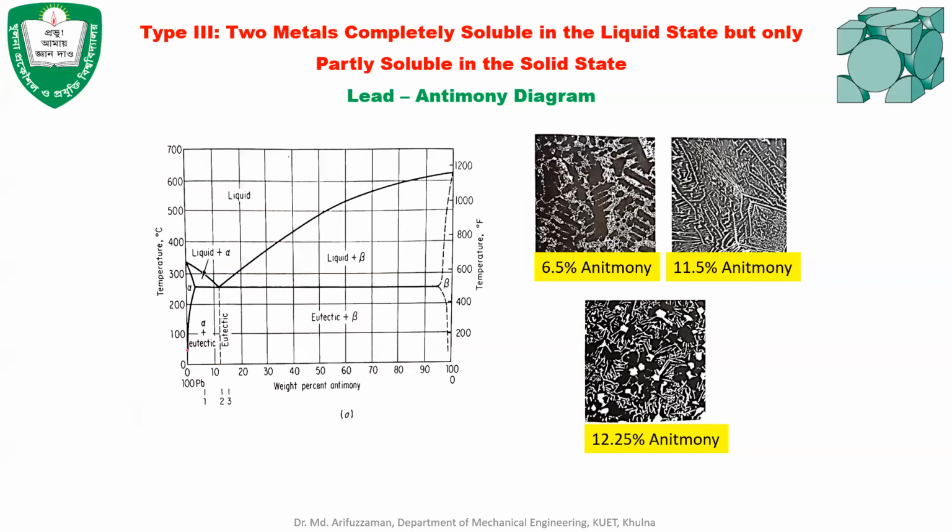And at room temperature, there is no solubility of antimony in lead. But in the case of lead in antimony, there is a slight amount of solubility present. So it can be different.